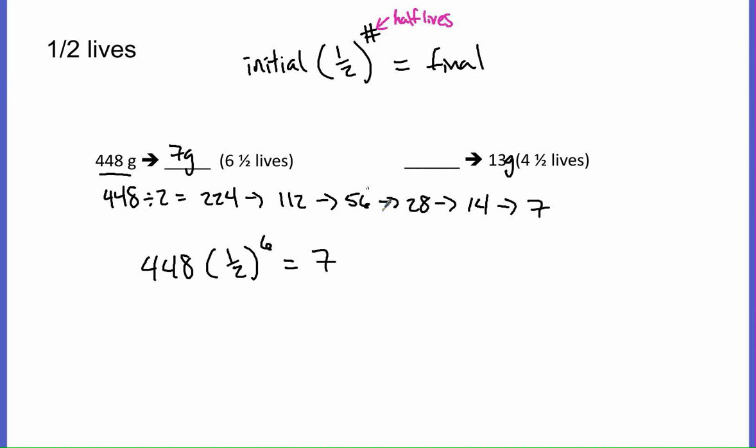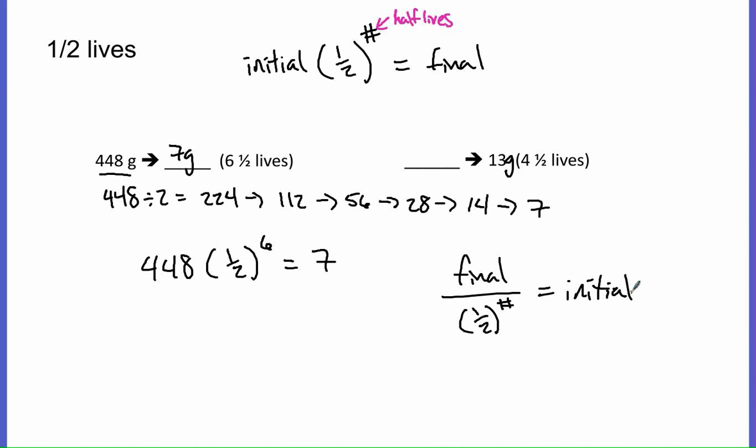The only difference is in my calculator, I would start with the final amount, right? And I would actually divide by a 1/2 raised to a certain power. In this case, it's going to be 4, right? And that would give me my initial amount.